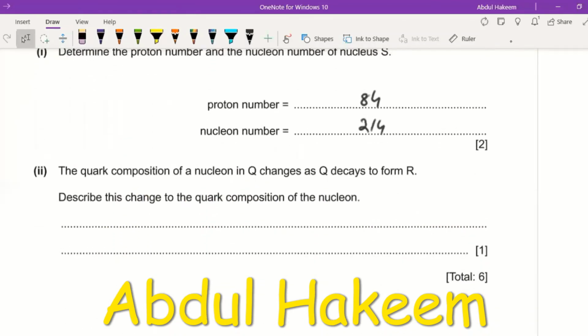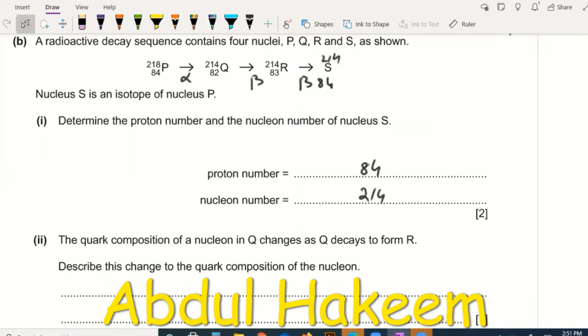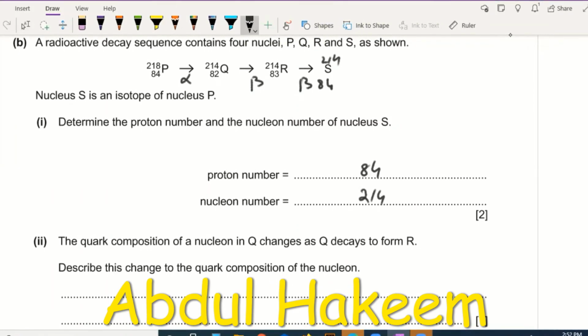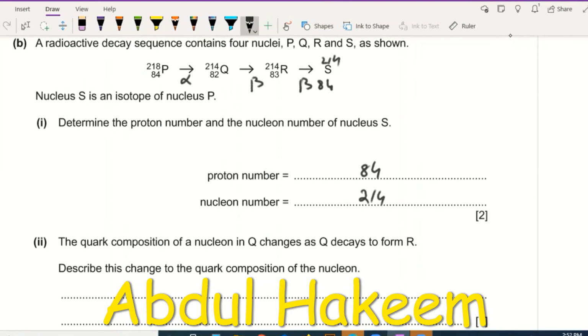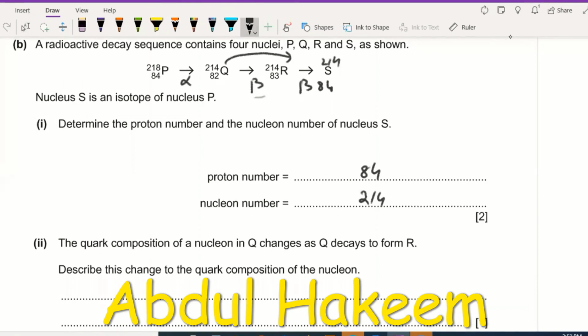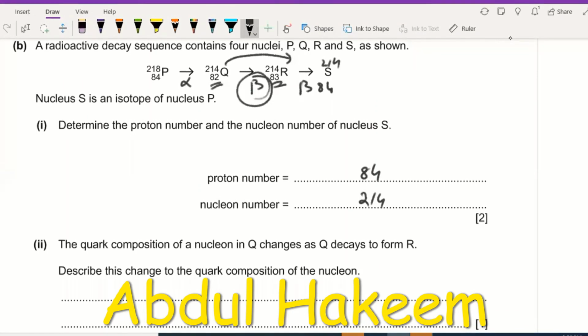Next, the quark composition of the nucleon in Q changes as Q decays to form R. Describe this. When Q changes to R, there is an emission of a beta particle, from 82 protons to 83.